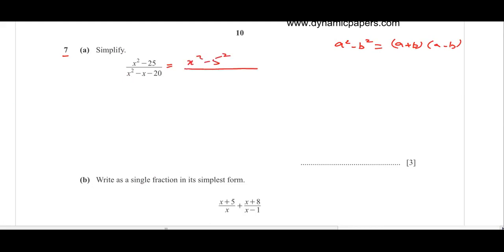The denominator is a quadratic expression. For a quadratic expression, we multiply the coefficient of x square and the constant term. It makes minus 20. Now I will list all the possible factors of 20: 1 into 20, 2 into 10, 4 into 5. Out of that, I will choose the pair that can give me minus 1.